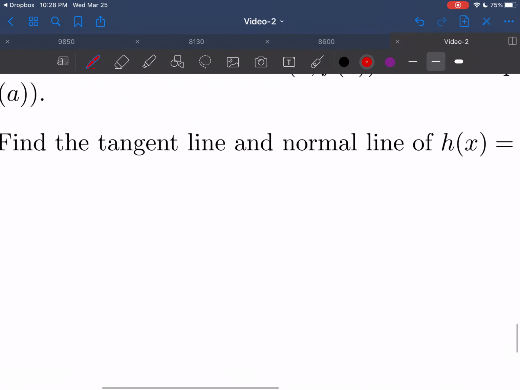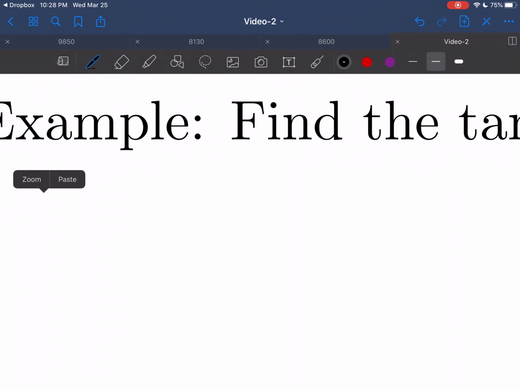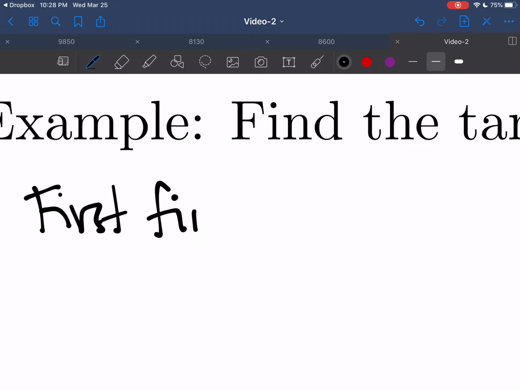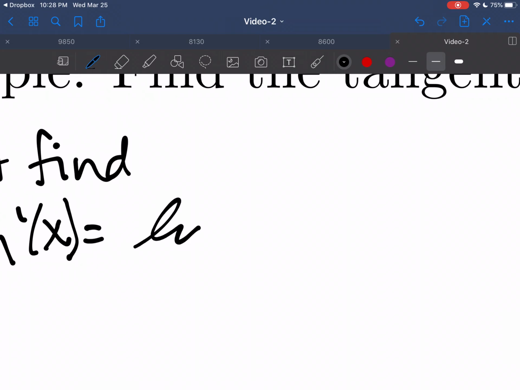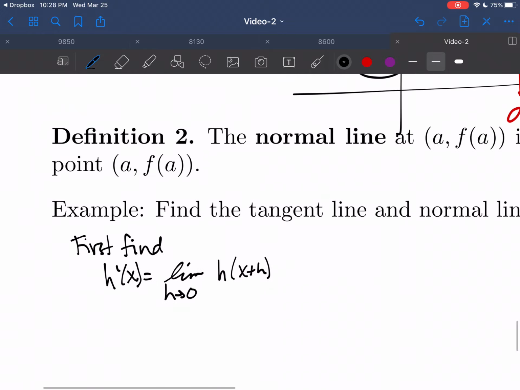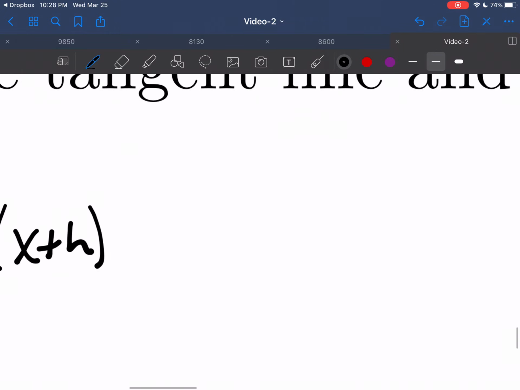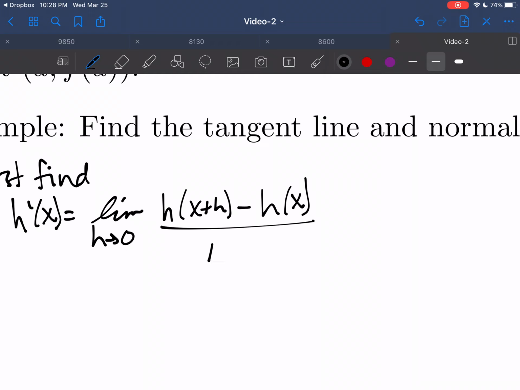So we'll find h prime of x. So we'll use our limit definition. So the limit as h approaches 0 of h of x plus h minus h of x, divided by h.